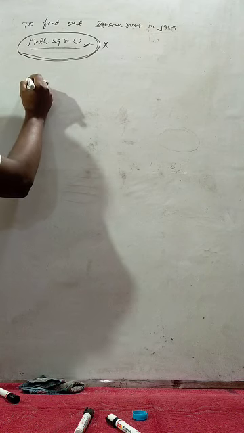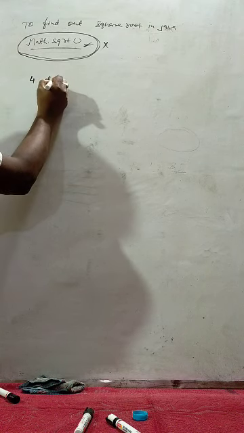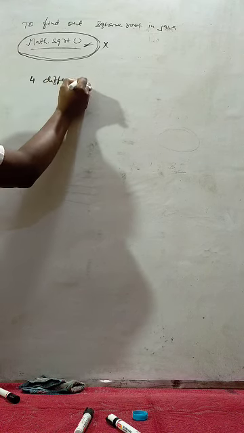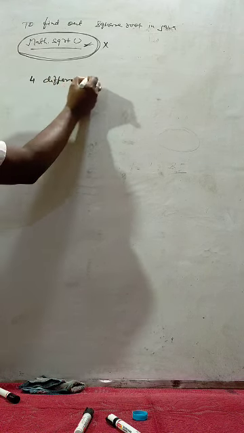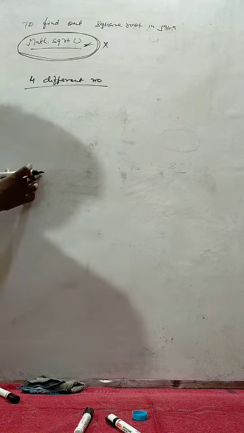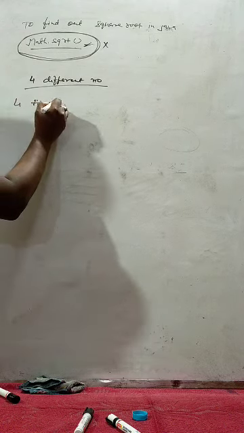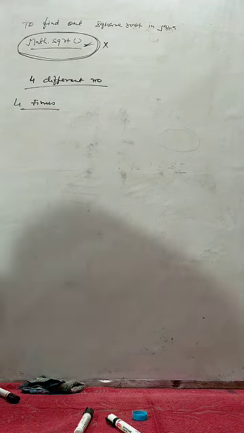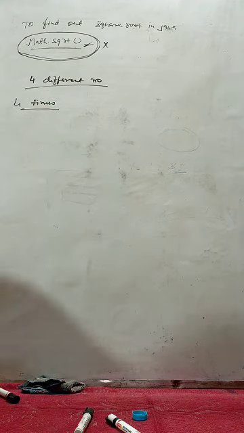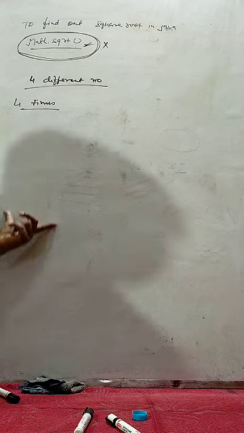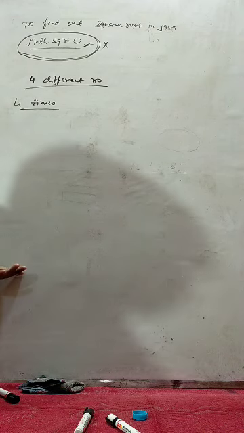Then, if we have to find the square root of 4 different numbers, we have to write the program of square root 4 different times. In this way, our program becomes lengthy and complex.